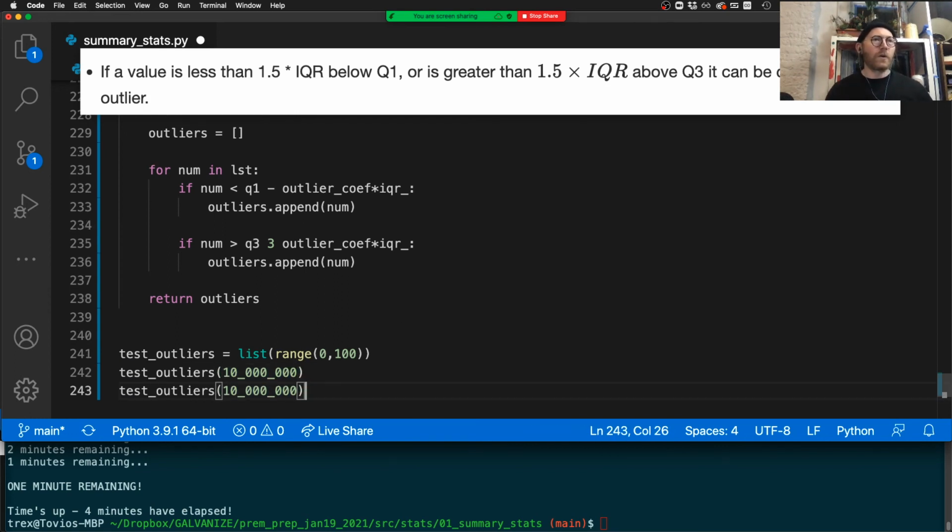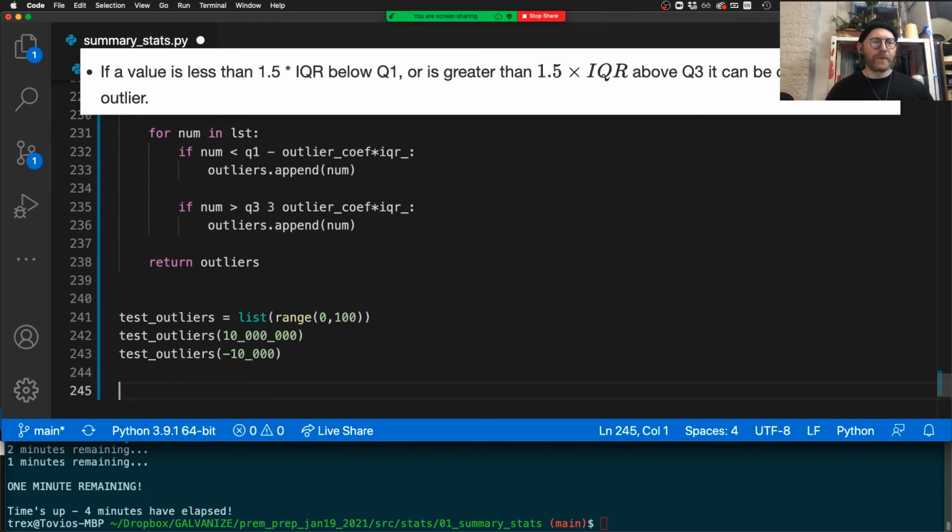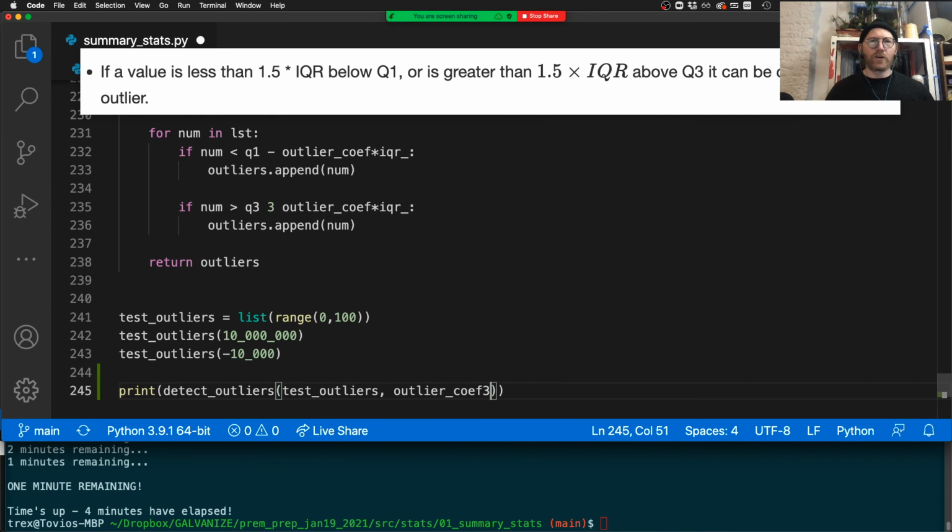And let's also append negative 10,000. So thinking about this, it seems like these should be outliers, right? So let's check. Let's print detect outliers, and we're going to put in this test outliers list, and we'll leave the outlier coefficient at 1.5.